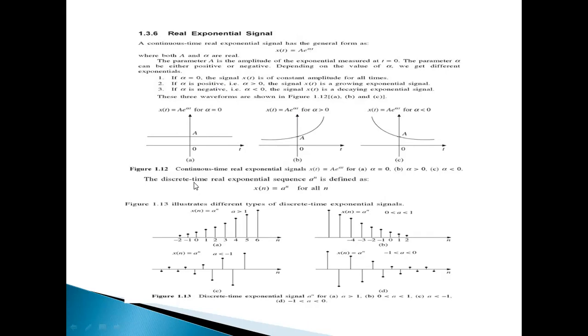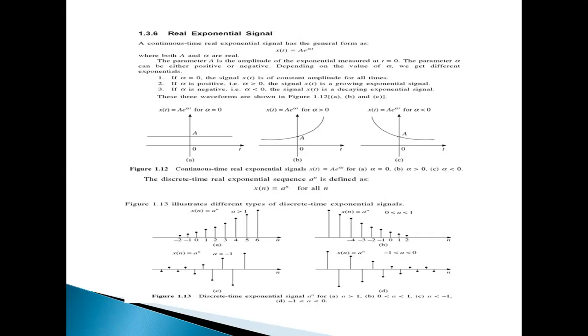Coming to the discrete real exponential sequence, x of n is equal to a power n. Now there is a difference here. It is not a similar functional representation for discrete and continuous functions.